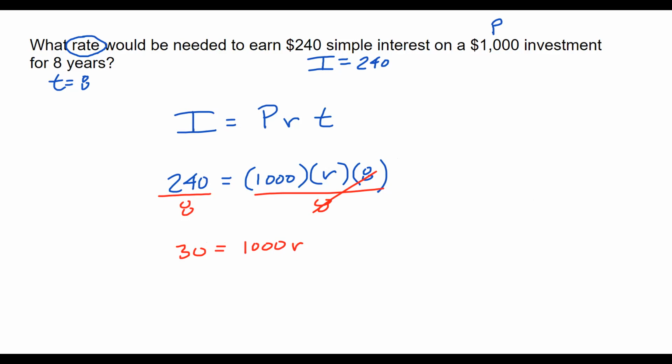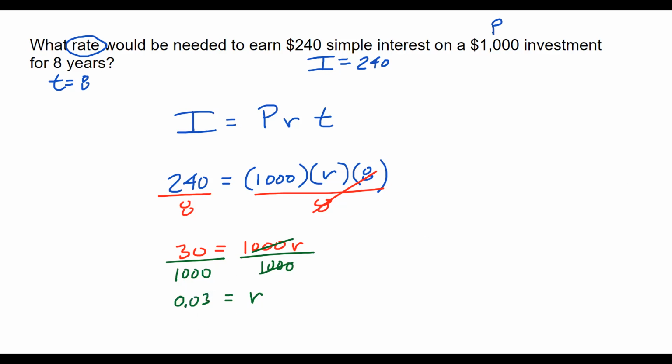Second step, we're going to divide both sides by that 1,000, by what R is being multiplied by. Once again, you would want to rely on your calculator for this. On the right-hand side, we were left with R, and on the left-hand side, 30 divided by 1,000, which is 0.03.